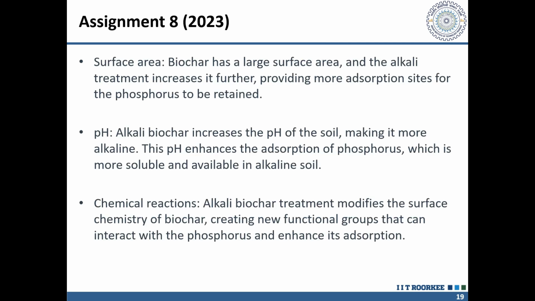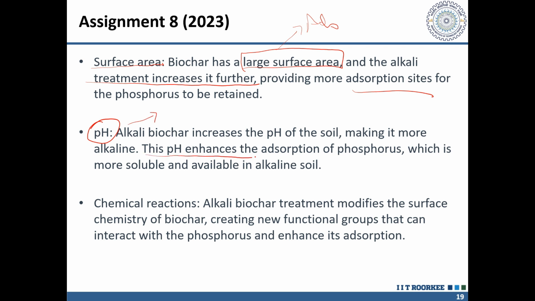various reasons such as increase of surface area. Biochar has a very large surface area, and therefore it is used as an adsorber. But the alkali treatment increases it further, providing more adsorption sites. Moreover, during the alkaline treatment, the biochar pH will increase.